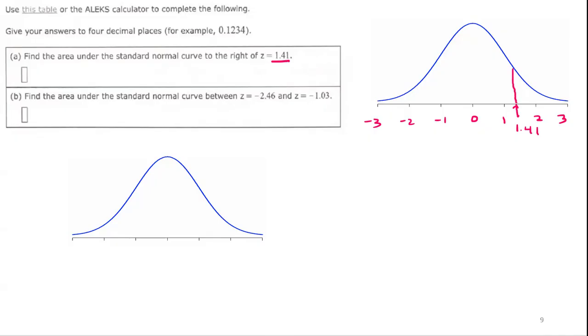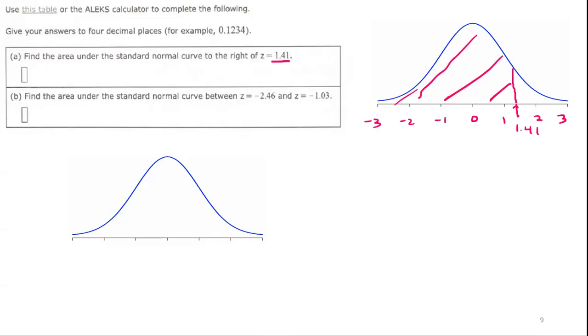Okay. So again, let's mark this off here. Normally what we would do, because the Z table is only displaying the area to the left of that Z-score, so it's only displaying the area here. Okay. So let's go ahead and figure that out. So this area here.